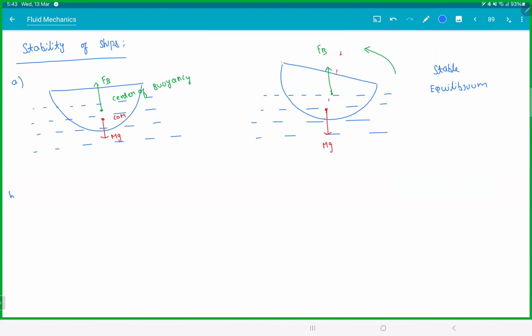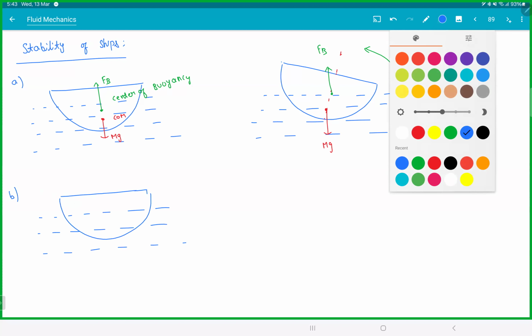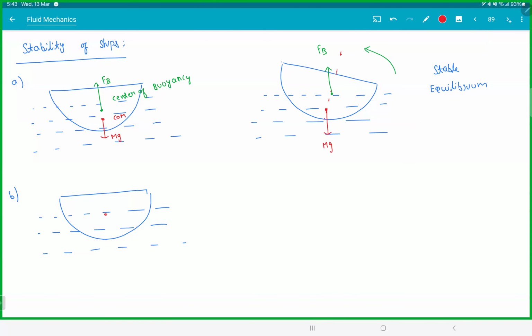Suppose the same thing if you design something like this, where the ship is heavier on the top, that means the center of mass is here, and the buoyant force is here.